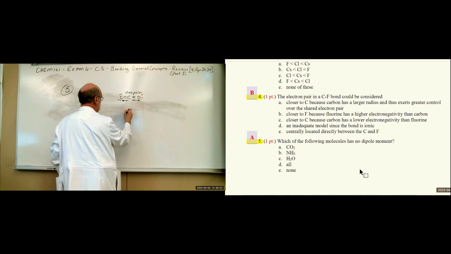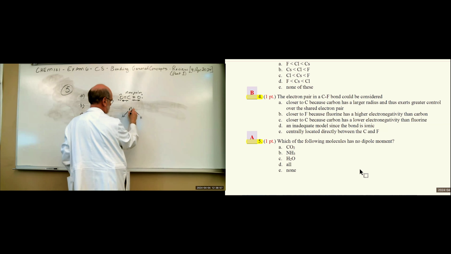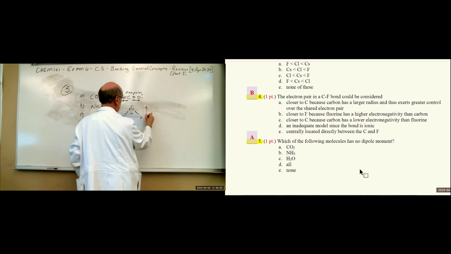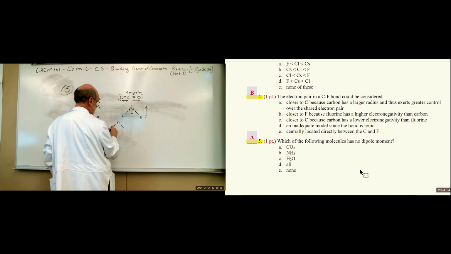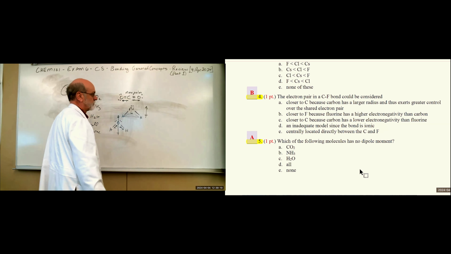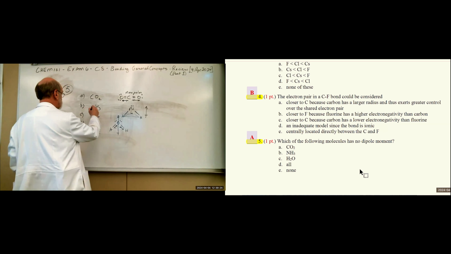Ammonia, like this, with a hydrogen in the back. There's your triangular base. So its overall dipole moment's like that. Water is a bent molecule, like this, with two lone pairs here. The bonds are polar this way and that way. Molecule's overall polar that way. So, which of the following has no dipole moment?